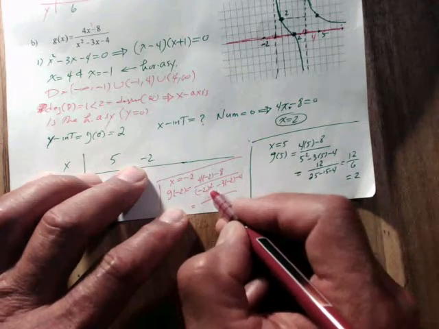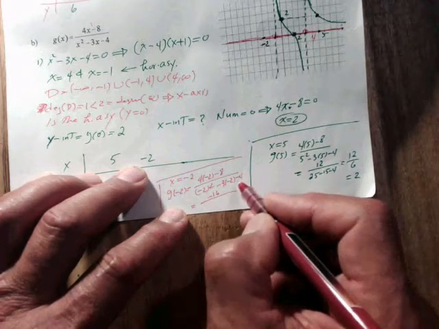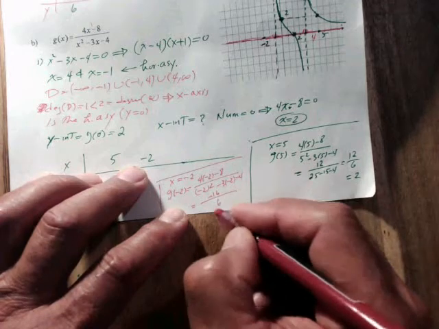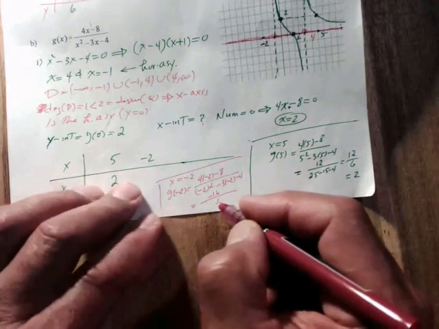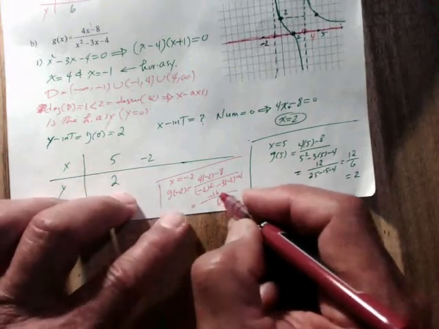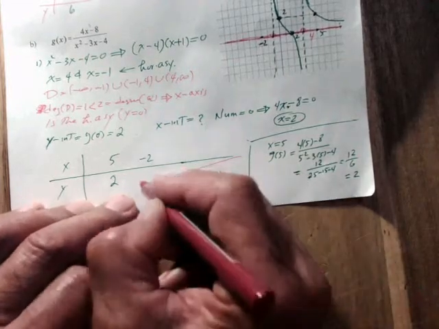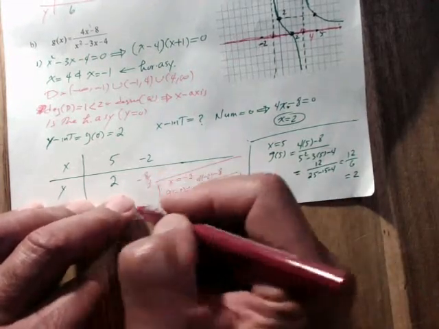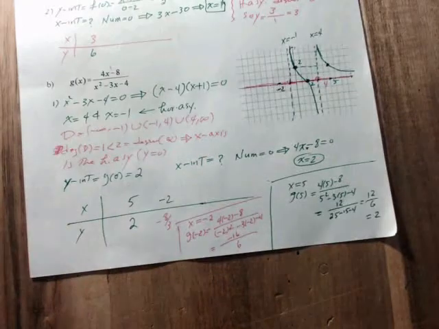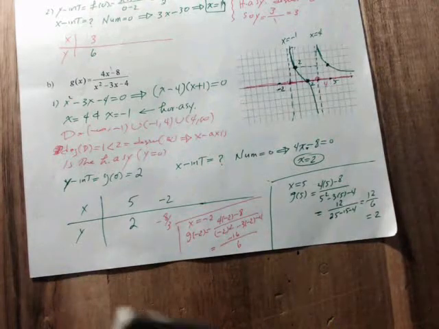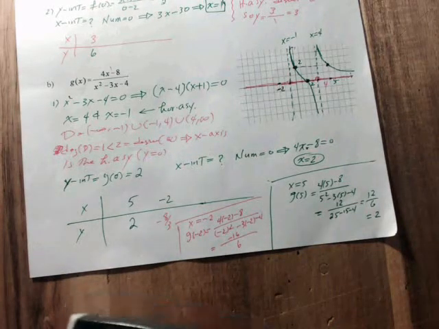Negative 2 squared is 4, and minus 3 times negative 2 is plus 6, minus 4, so the denominator is 6. So it's negative 16 over 6, which is about negative 8 over 3. Okay, and if I use my graphing calculator, let me see, approximate 8 over 3, let's see.